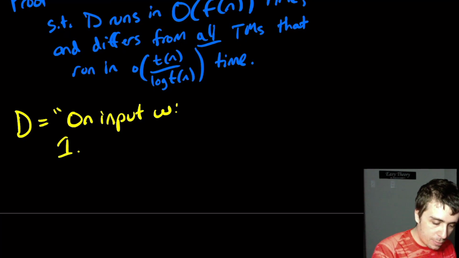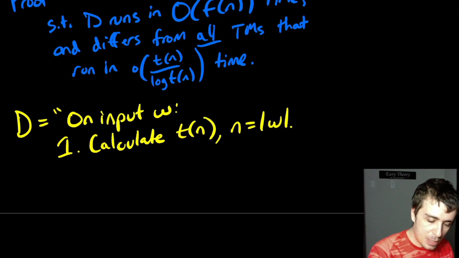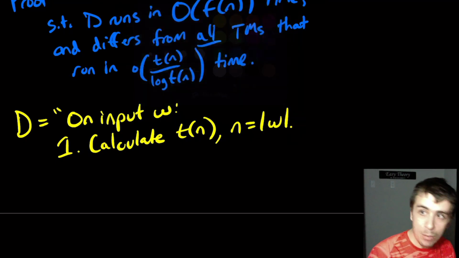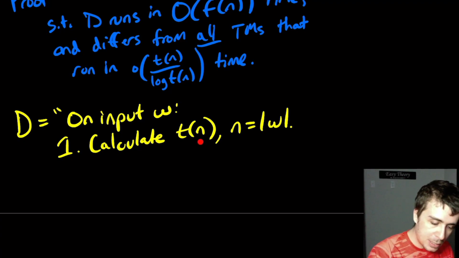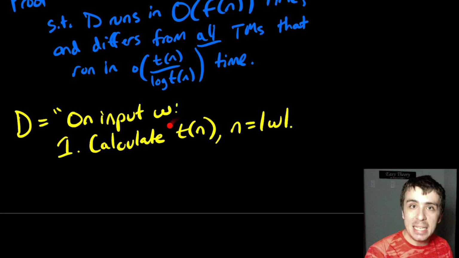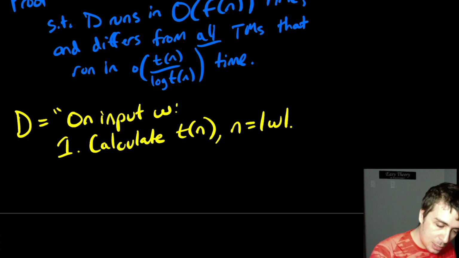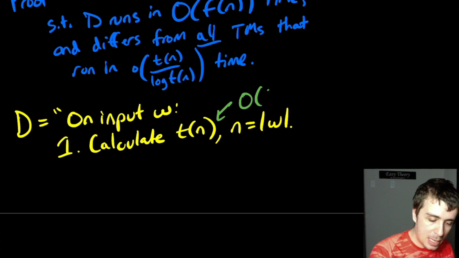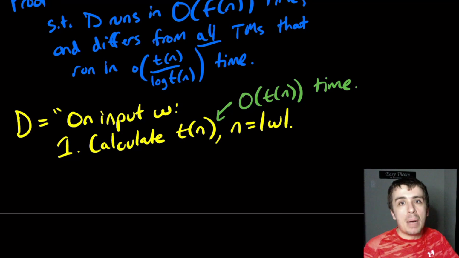So we're going to calculate t of n, where n is the length of W. And this works because we've assumed that t is time constructible, which means it runs in big O of t of n time. So this step runs in big O of t of n time. Okay, so we haven't exceeded our budget yet.